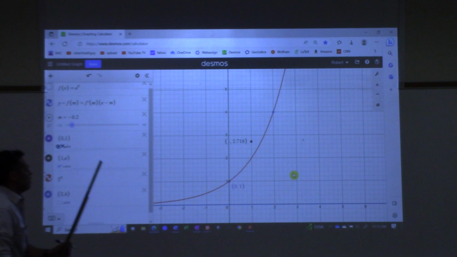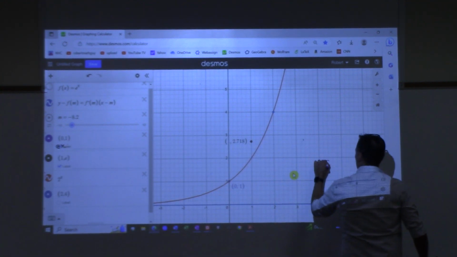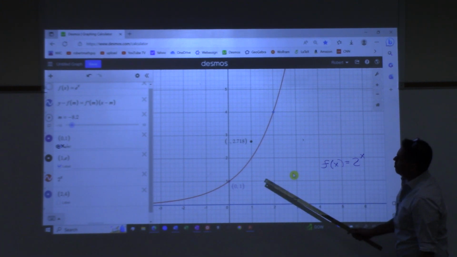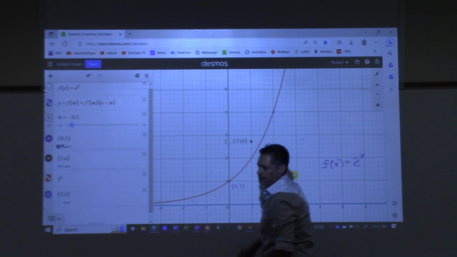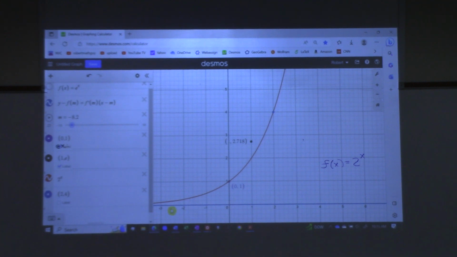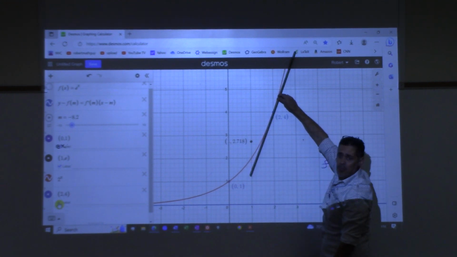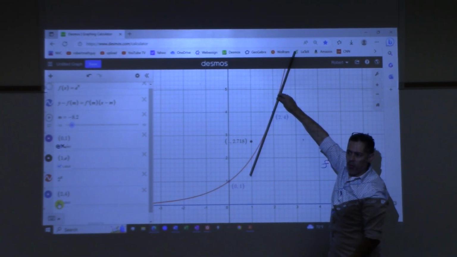This is 2 to the x. If I tell you to go to this point right here, the point 2, 4, and I ask you for the slope of the tangent line, the answer is not 4.